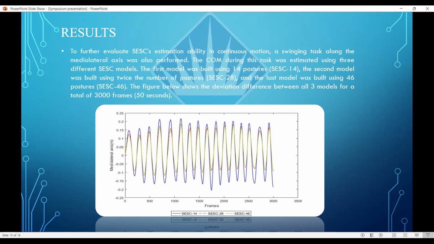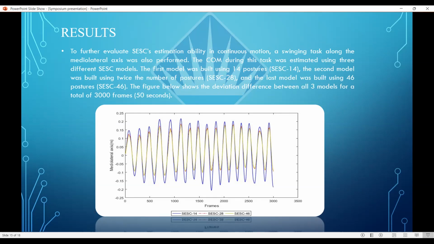So the figure below shows the deviation difference between all 3 models for a total of 3,000 frames, which is equivalent to 50 seconds. It is obvious that the model with the lowest number of postures, which is SESC 14, has the most fluctuation, while when we increase the number of postures, the fluctuation gets tighter.